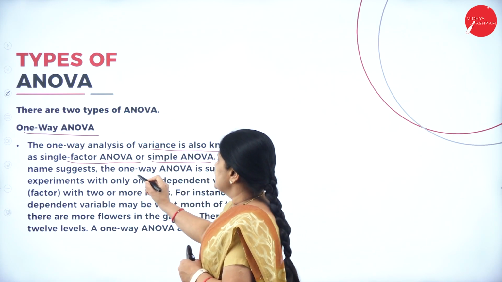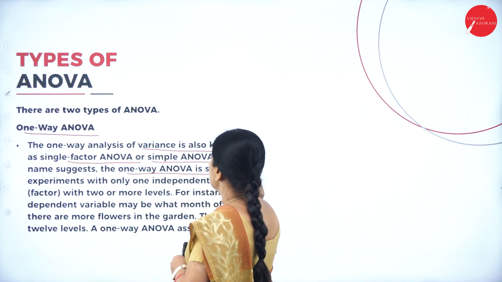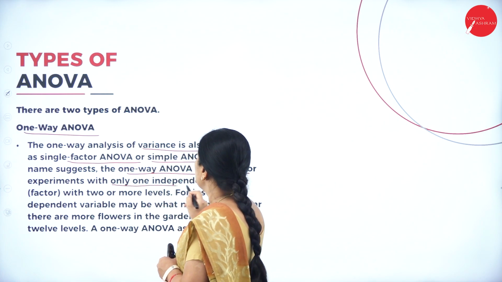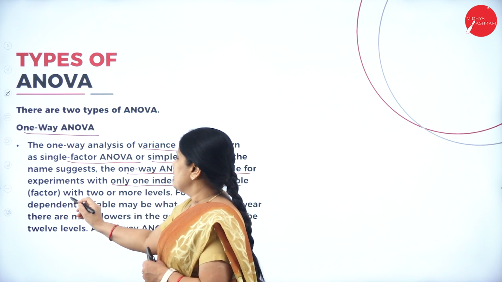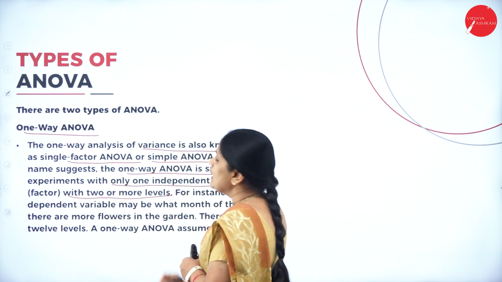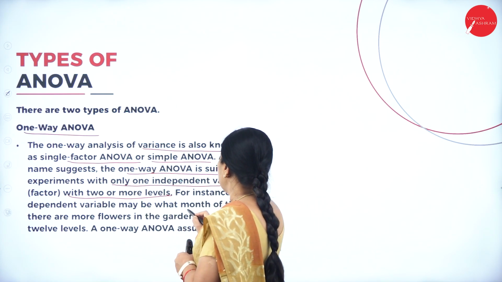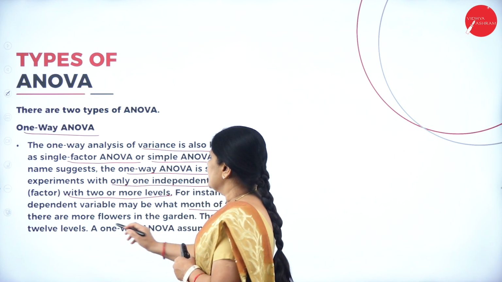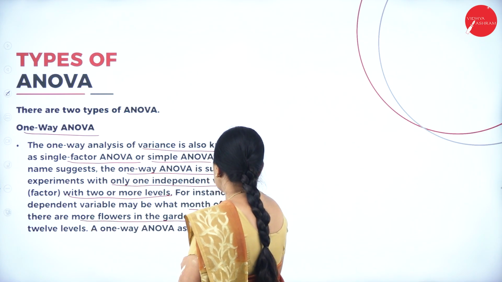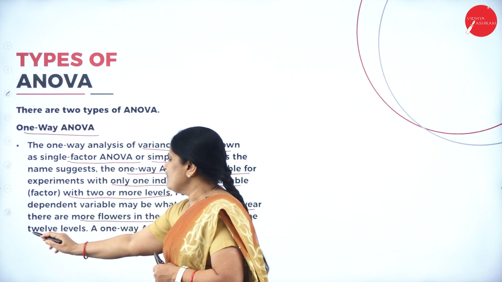As the name suggests, the one-way ANOVA is suitable for experiments with only one independent variable with 2 or more levels. For instance, the dependent variable may be what month of the year there are more flowers in the garden. So, there will be 12 levels.